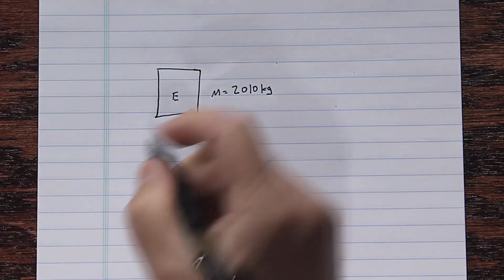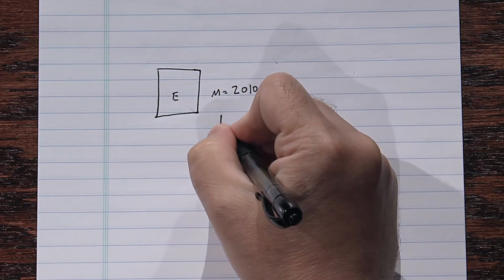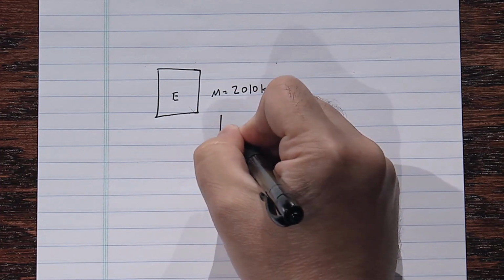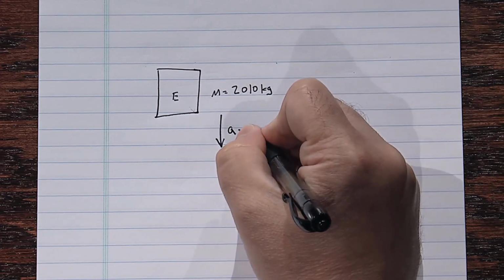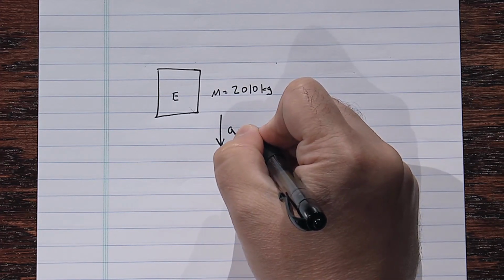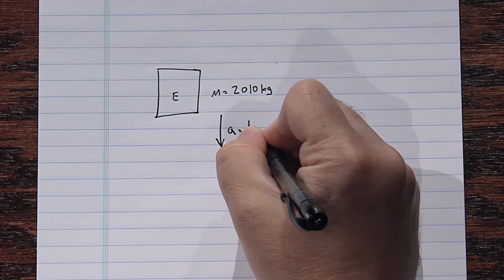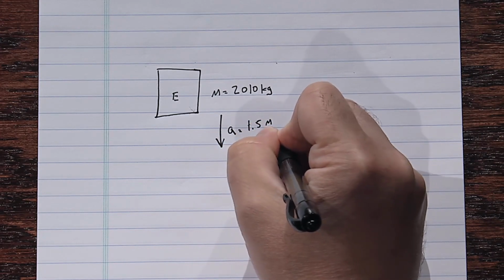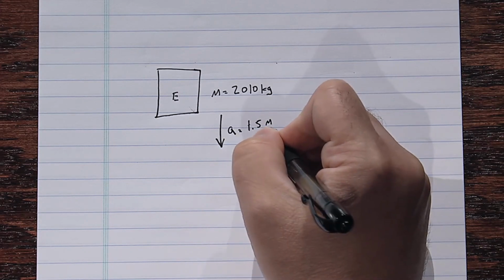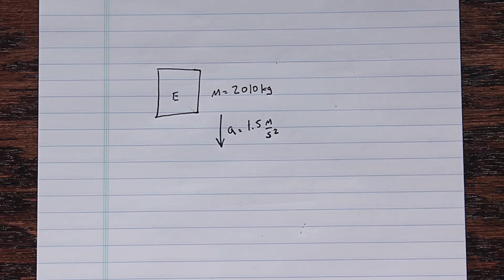We are told that the acceleration is equal to 1.5 meters per second squared downward. So we draw an arrow downward indicating that the acceleration is downward.